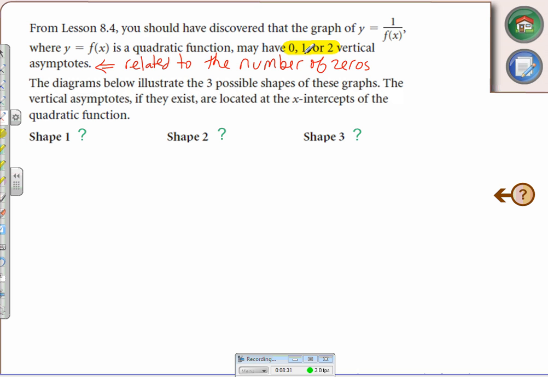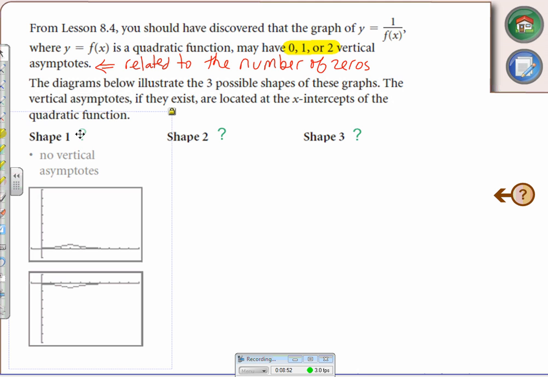If there's 1 asymptote, there would have been 1 zero for the original. And then if there's 2 original zeros, then there's 2 asymptotes as well. And this is what the shapes would look like. For the first one, with no vertical asymptotes, you're just going to get a curve that's just above or just below the x-axis.